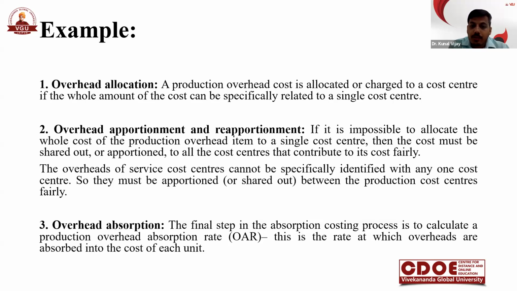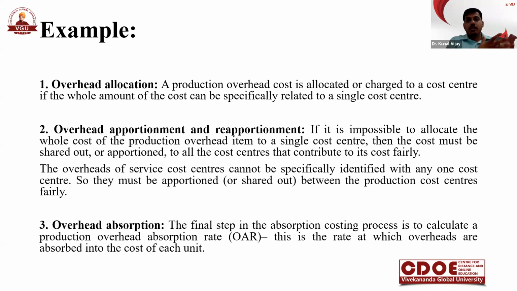The overhead of a service cost center cannot be specifically identified with any one cost center, so it must be apportioned between the production cost centers. Service cost center is a different thing. A service cost center provides service to the production centers. Suppose there is a maintenance department. The maintenance department does not produce anything, but it provides services to the different production departments.